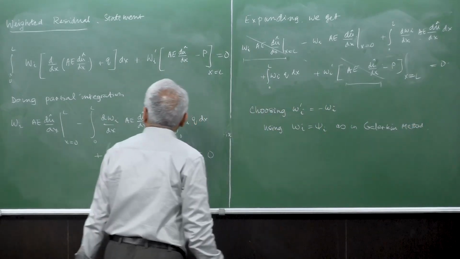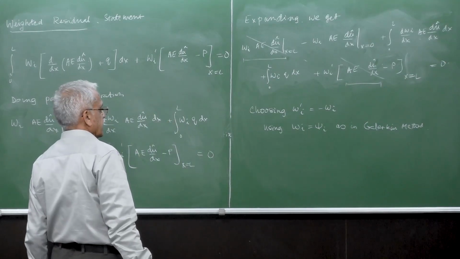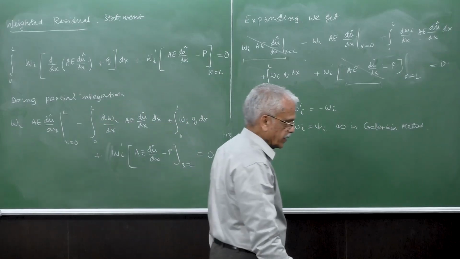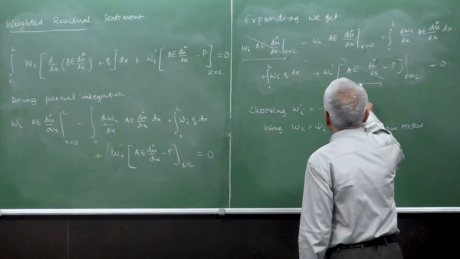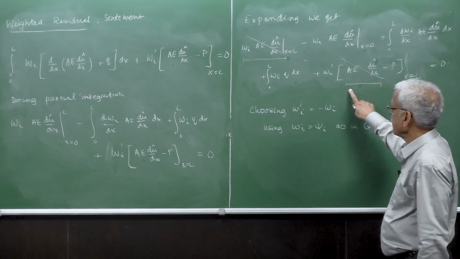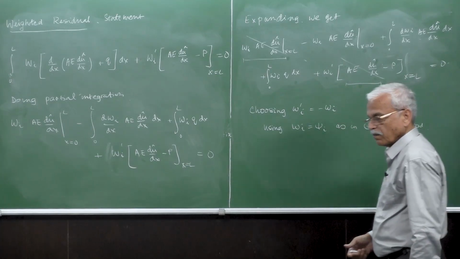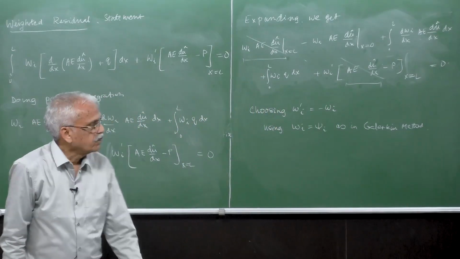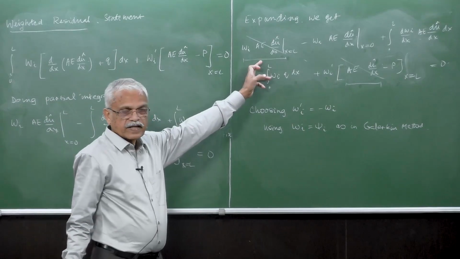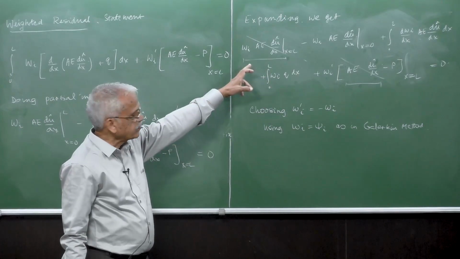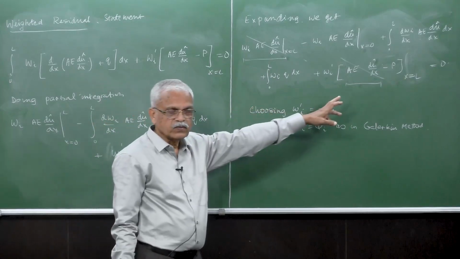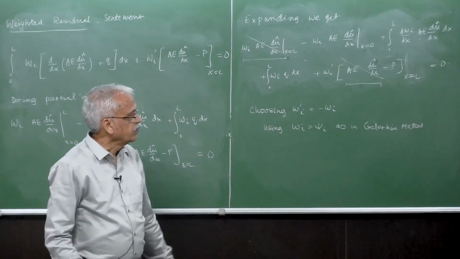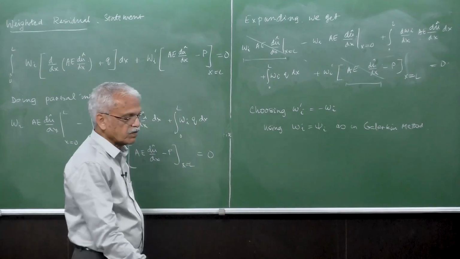If you recall, this psi i has to satisfy the boundary condition on the left side. Actually, we have taken the boundary condition only on the right side. The one on the left side is still to be satisfied before we start this weighted analysis. So this is assuming that u hat satisfies the left side boundary conditions before we use it here.